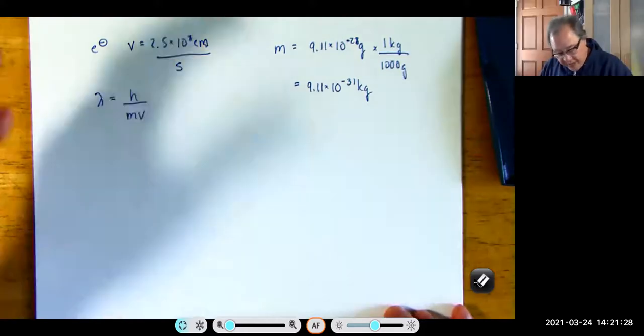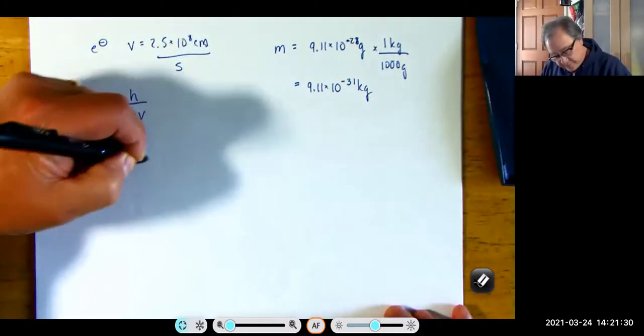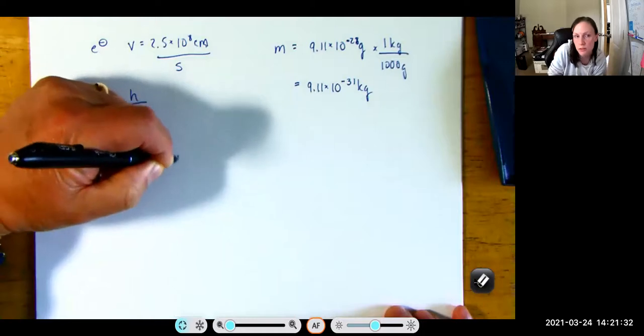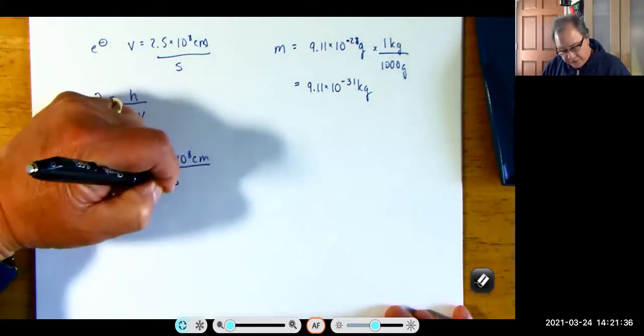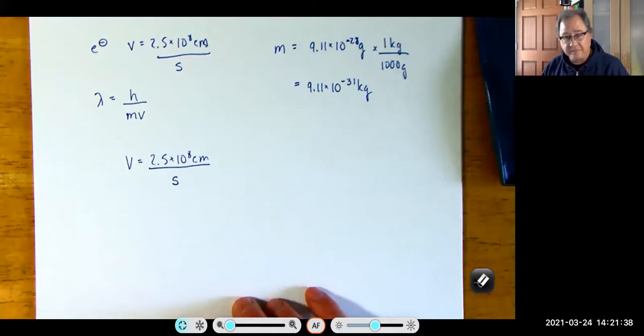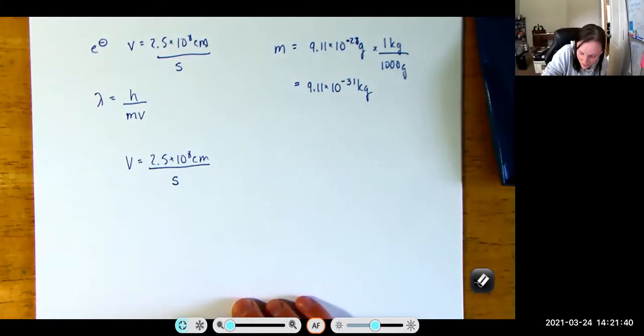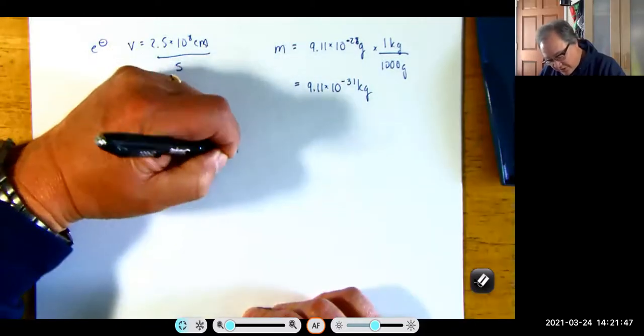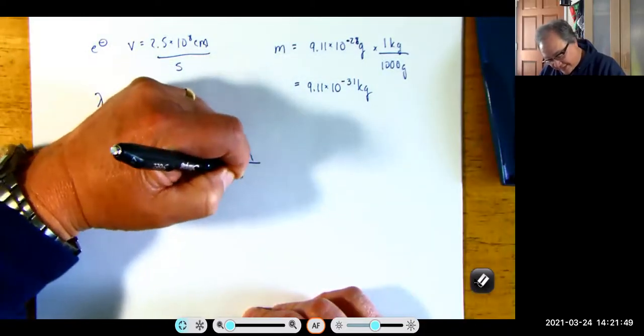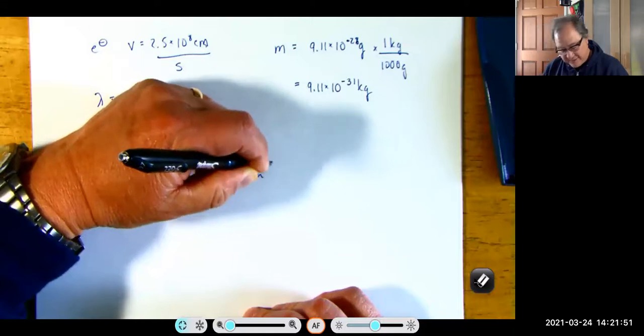What do you want to do with the velocity? Change it to meters per second. Okay. How are you going to do that? I'm going to multiply by 1 meter over 100 centimeters, I'm sorry. Yeah.